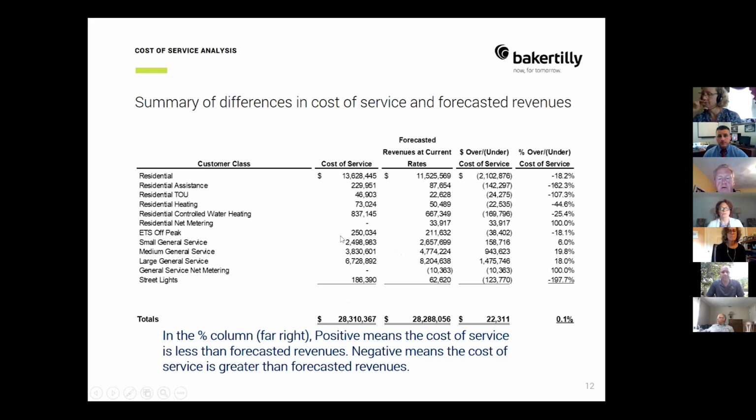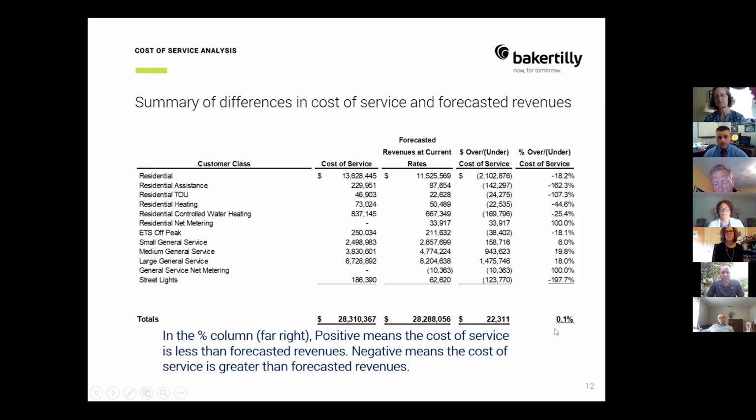The cost of service is the calculated cost of service for each customer class. So that in total, we determine based on your budget and other factors that the cost of service is roughly $28 million. You compare that to the forecasted revenues at current rates, and that is this column here.